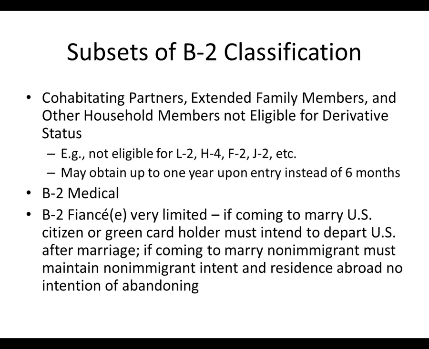For those individuals who may have diseases of public health significance or may become public charges, they may have some problem being admitted into the U.S. In those instances, whenever it's so extreme that even B2 medical will not be a possibility, or even perhaps B2 extensions might not be a possibility, there may be some humanitarian parole issues or port of entry parole that would allow those people to come in.